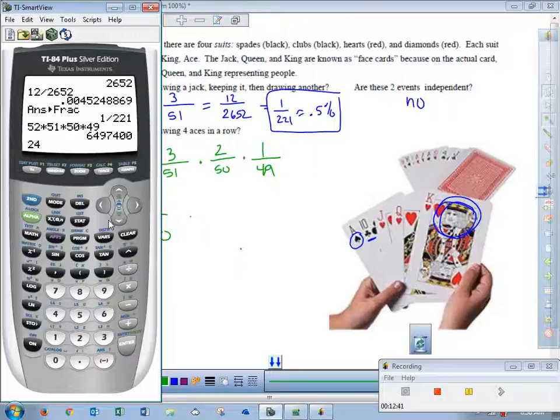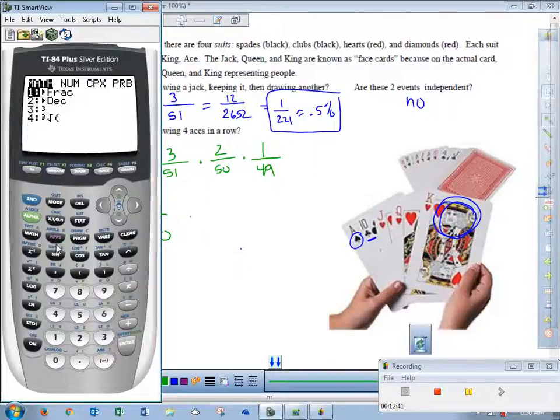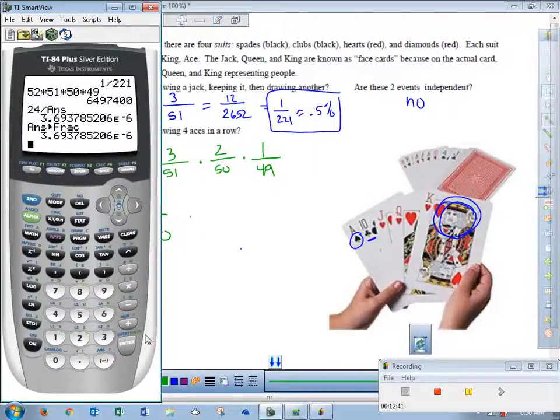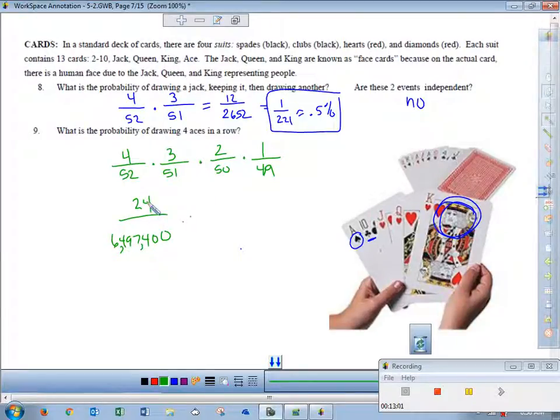24 divided by previous answer, so I don't have to type that in again. Let's math enter that. And notice it gives me this answer in scientific notation. It's too small of a fraction to change into a fraction, so we've got to reduce it ourselves.